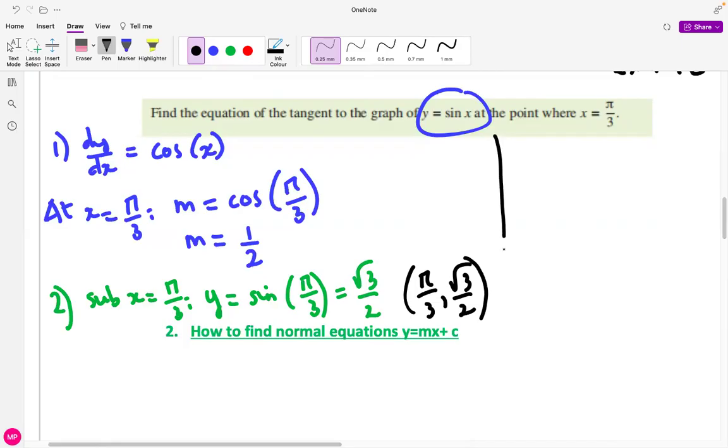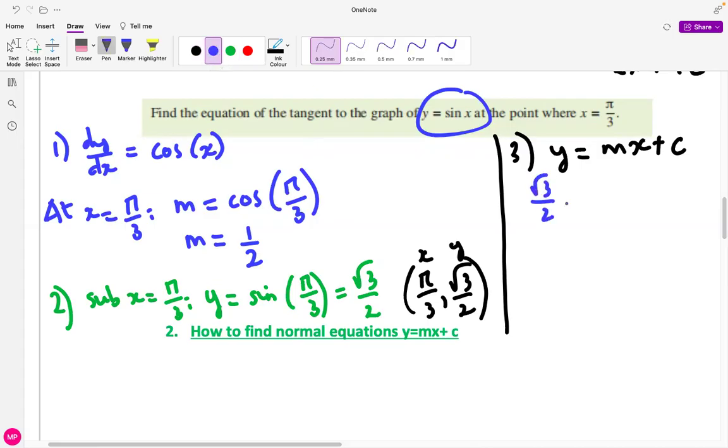Okay. Then your next step is you're going to find the c value. The tangent equation is y equal mx plus c, and you know a point and you know the gradient. You can just sub it in and solve for c. So x, y, and I have the gradient here. So I'm going to substitute y as root 3 over 2 equal m, the gradient, which is 1/2, right?